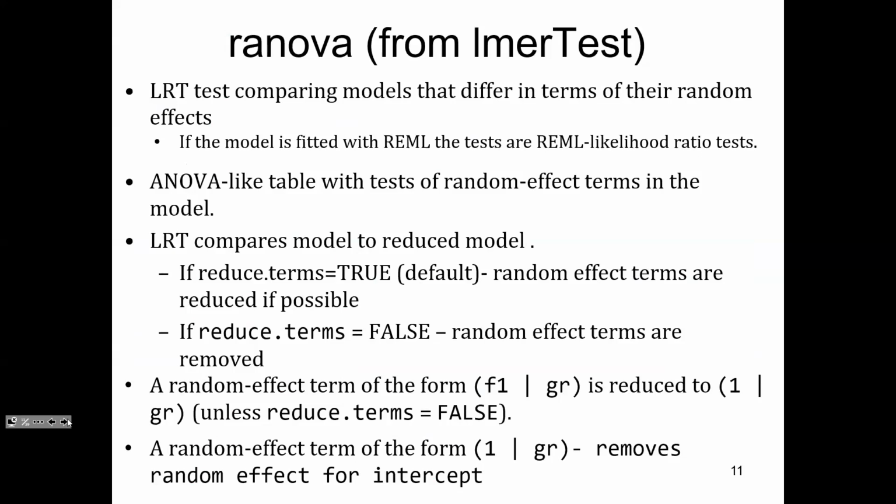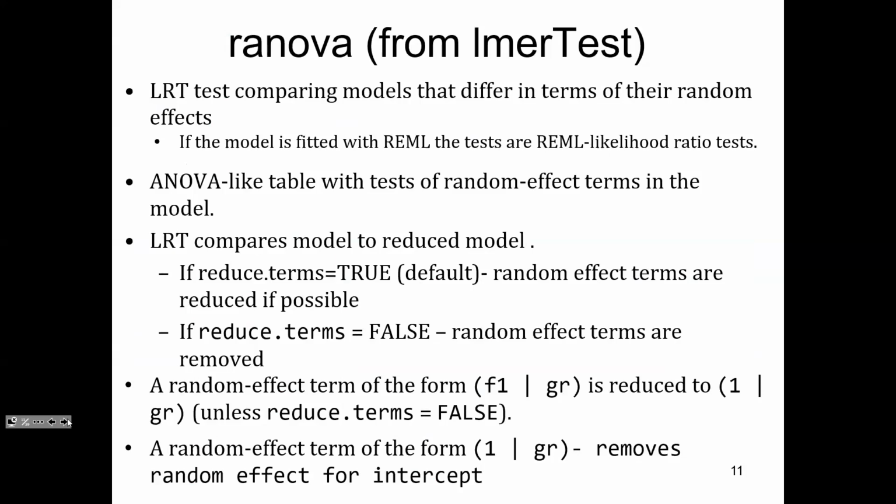By default, it says, oh, you have a randomly varying slope, so you want to compare this model to a model without a randomly varying slope. So it'll eliminate the randomly varying slope and compare your model to the model that doesn't have one. So again, that's going to be a 2 DF test, which is another difference between that and test var. But that's what it'll do.